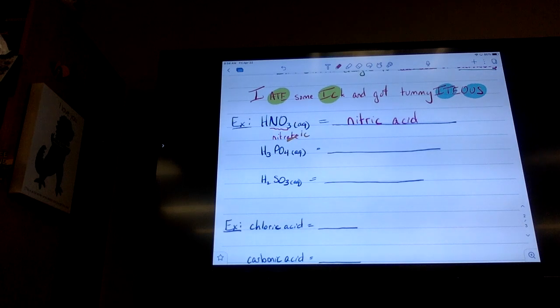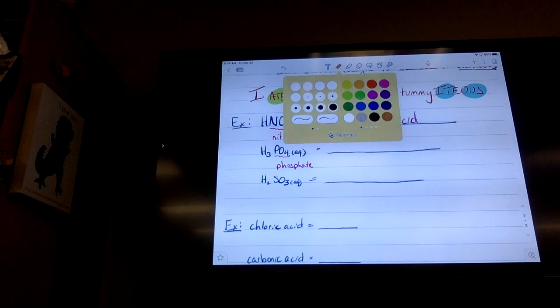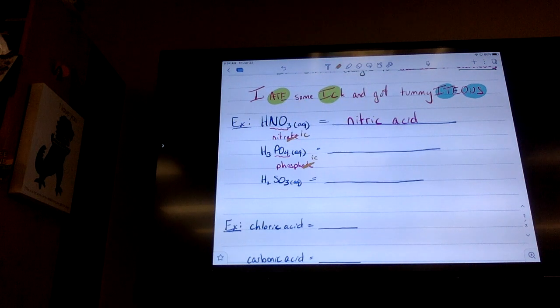PO4. Phosphate. I ate some ick. So it is either phosphic acid or phosphoric acid, sorry.